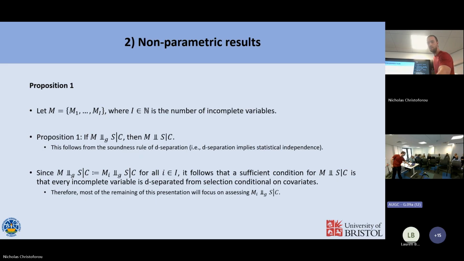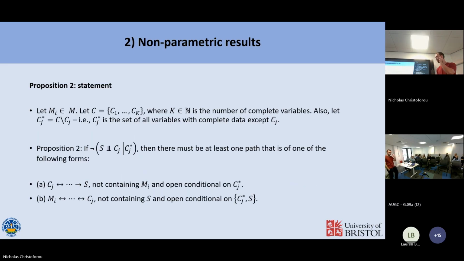So for the remaining propositions, I'm looking at one specific incomplete variable, say the first one, like the outcome or whatever is missing in your data set.